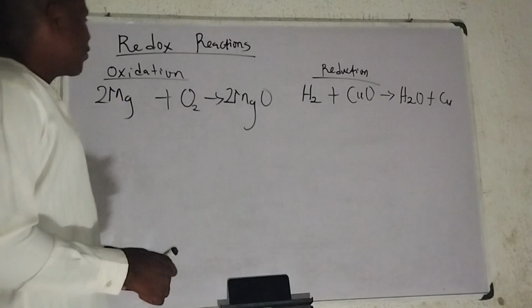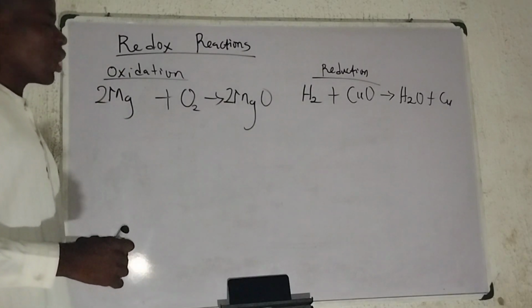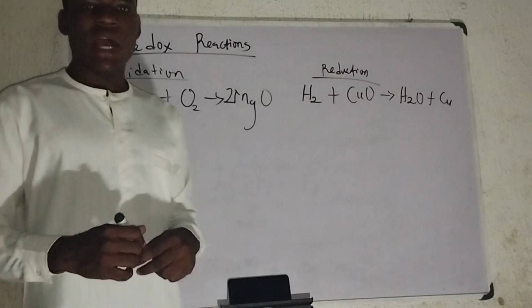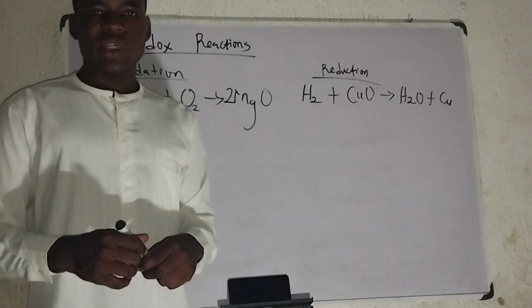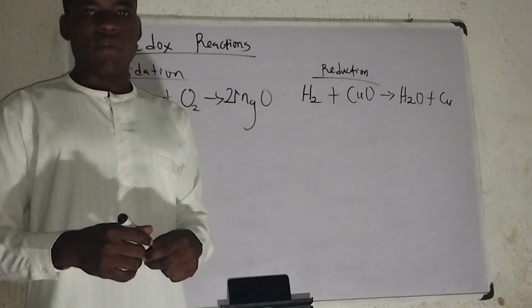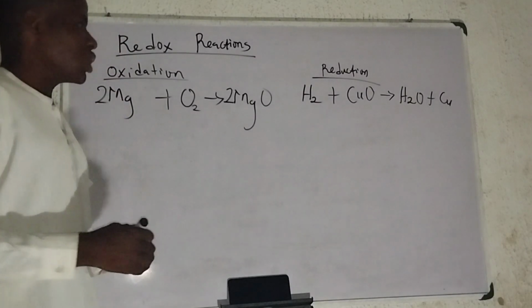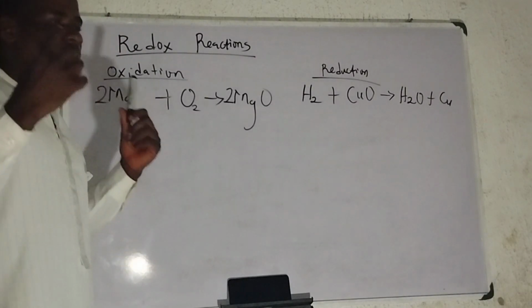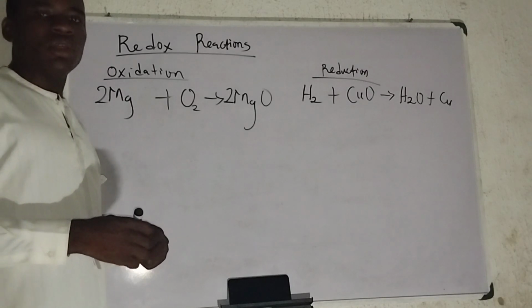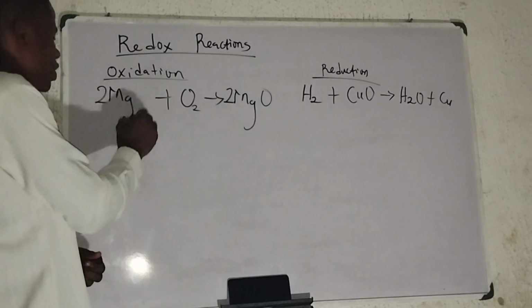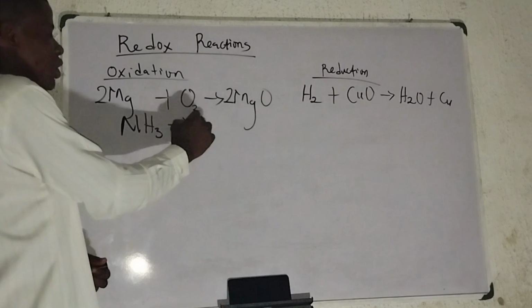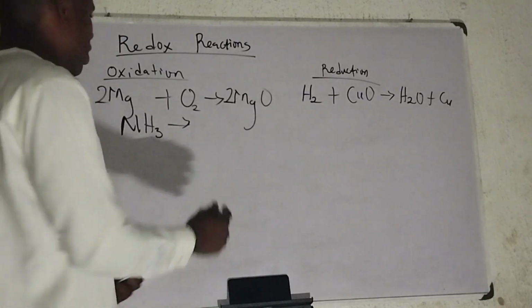Now another old definition of oxidation. We say that oxidation is the removal of hydrogen. Now let's do it. If you think about the decomposition of ammonia, NH3, when it is decomposed, what do you get?